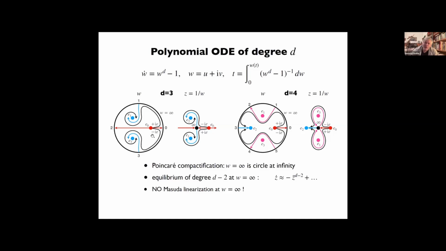So there is no joining of solutions after blowup. This blowup phenomenon that Masuda observed is a peculiarity of quadratic nonlinearities only, because in the quadratic case, all quadratic ODEs are in fact linear.